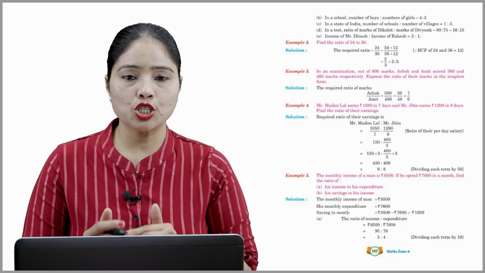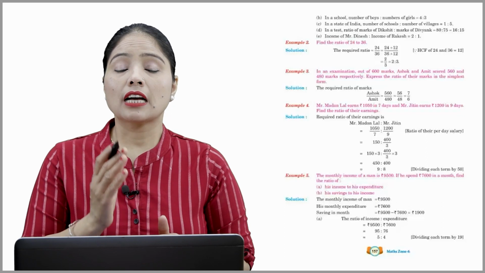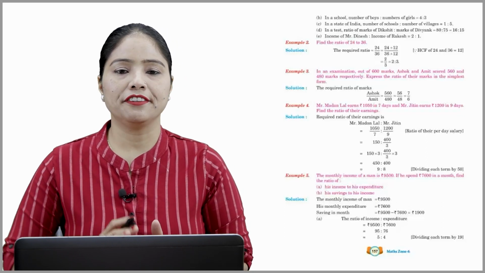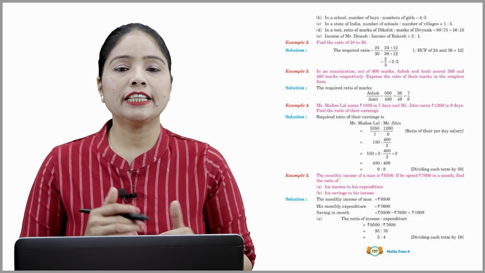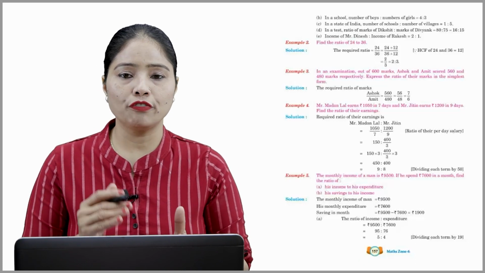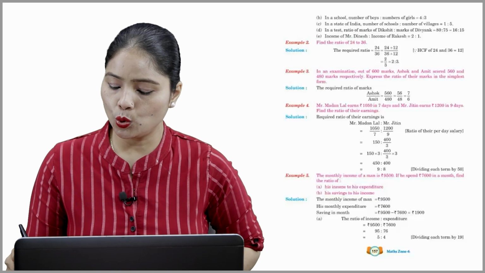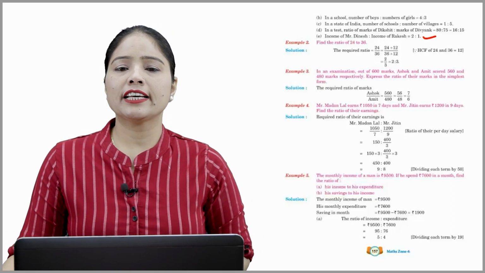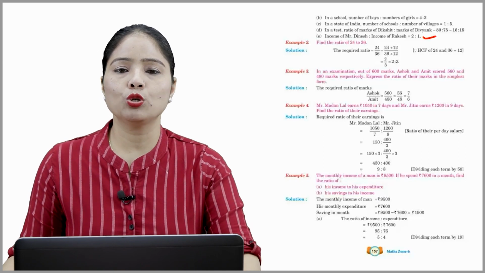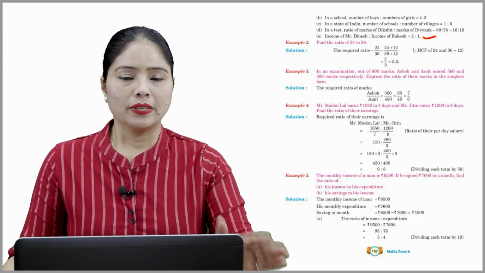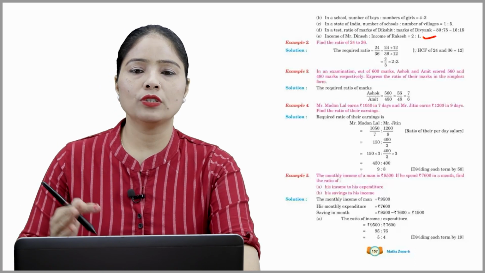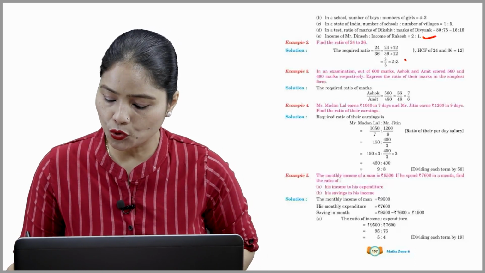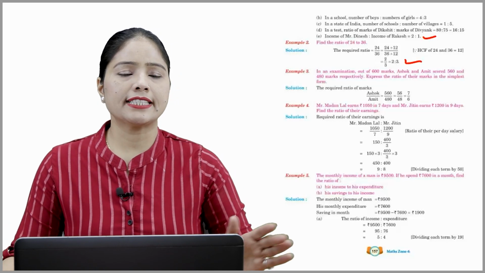In a test, ratio of marks of Dikshit का हमने ratio निकालना है marks of Divyang. So 16:5. और E पार्ट में है income of Mr. Dinesh to income of Rakesh is 2:1. Okay. Now example 2, find the ratio of 24:36. Solution. The required ratio 24:36 को simplify करेंगे. So answer is 2:3. Okay, it's very easy.